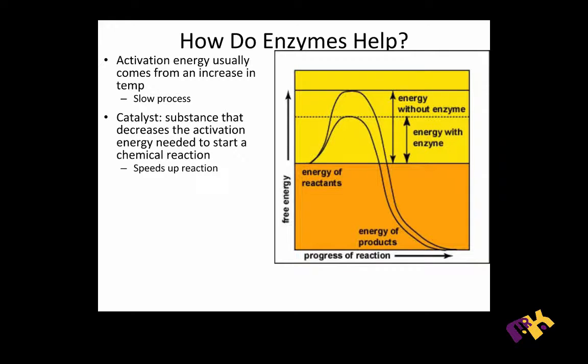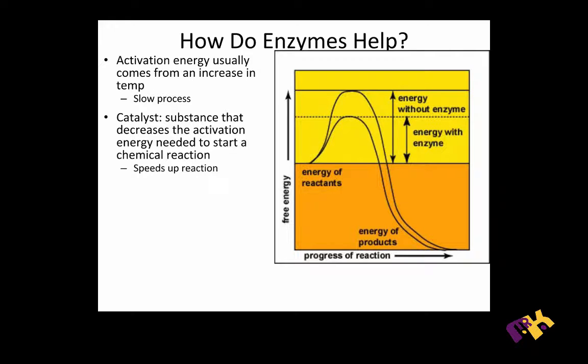This graphic is something that we'll look at breaking down in just a moment. But remember that inside the human body, we're locked into that 98.6 degrees for our temperature. So we can't really provide more heat energy to help the reaction happen. If we do, we start to ruin the proteins that already make us up.